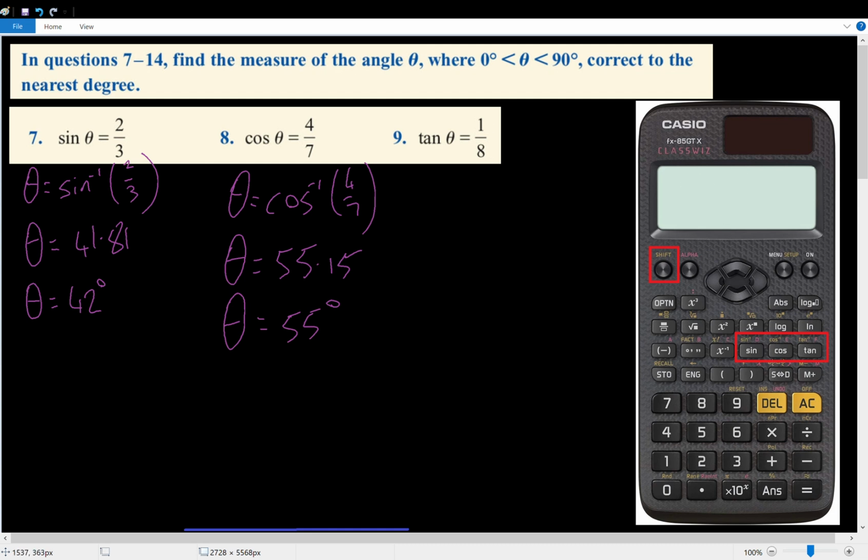Then we close our bracket and press equals, and our calculator will tell us that the tan inverse of 1/8 is equal to 7.125, and there are other numbers, but it doesn't matter because we're rounding to the nearest whole number. So theta is equal to 7 degrees in this case. And that is that.